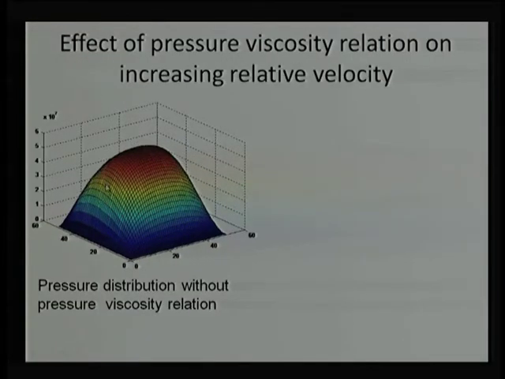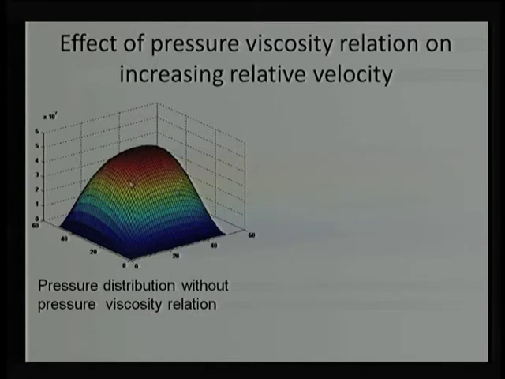Now, we can see this variation with increasing velocity also. We know very well hydrodynamic action basically depends on the relative velocity. If velocity is continuously increasing, then pressure will vary, and the load carrying capacity of that tribopair will increase. So, in this case we are trying to see the effect of relative velocity. If I am increasing relative velocity, what is going to happen?